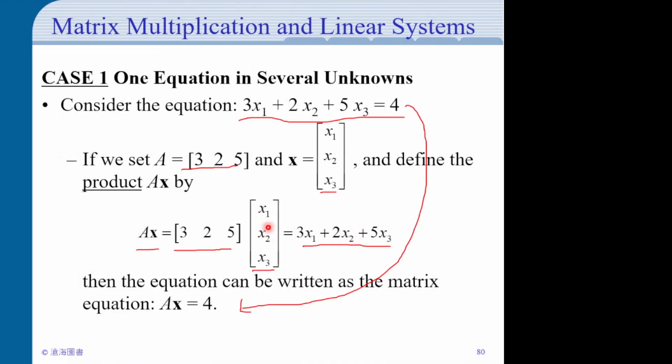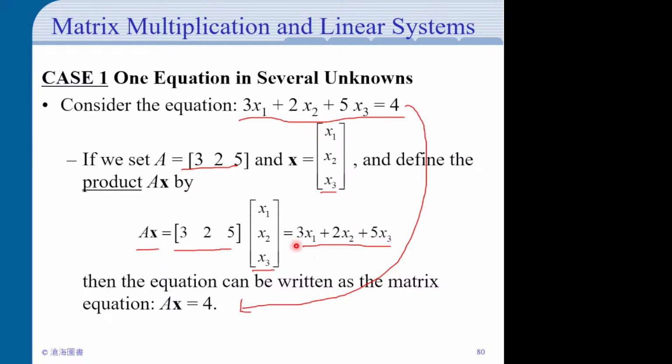This number is, as we say, the sum over these products: 3 times x1, plus 2 times x2, plus 5 times x3. If you follow our matrix multiplication rule, you will get 3x1 + 2x2 + 5x3, and it's a number, although it involves unknowns.